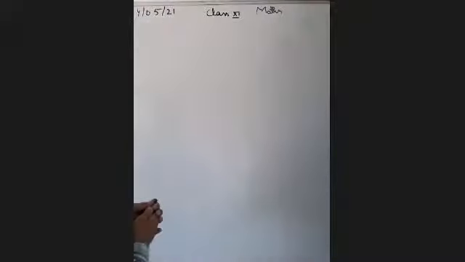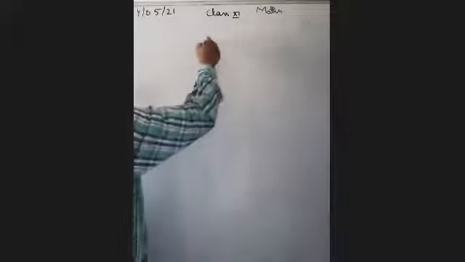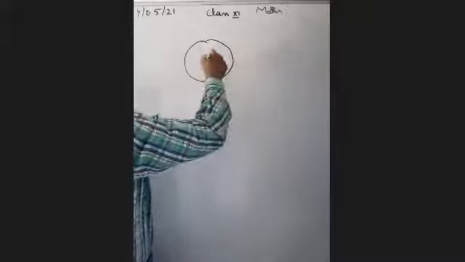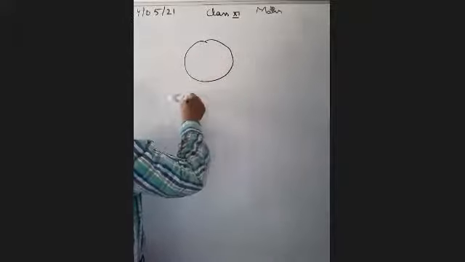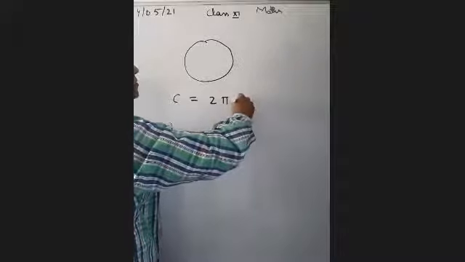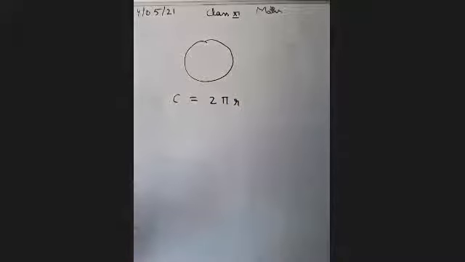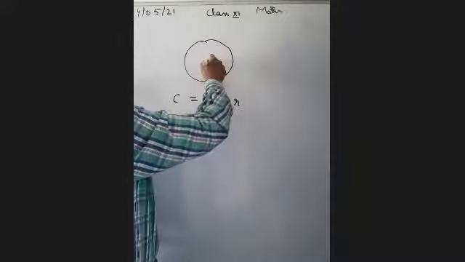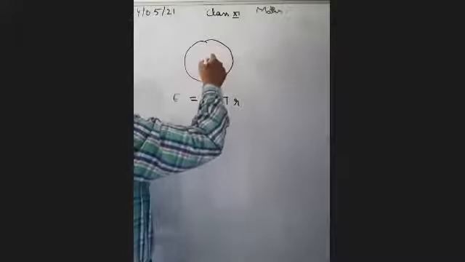देखिए, you know this is a circle. Circumference of a circle is equal to 2 pi r. ठीक है. This is the circumference. You know from the 6th class, you are using it in 6th, 7th, 8th class. The circumference of the circle is equal to 2 pi r.